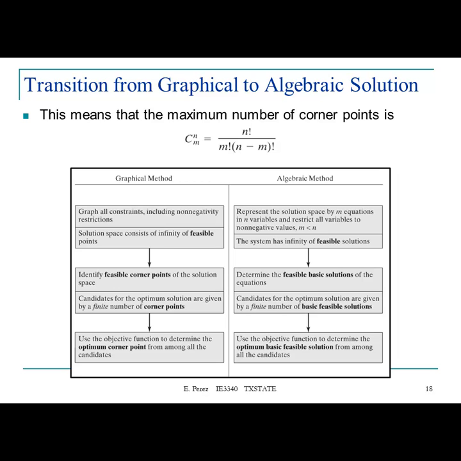Now in the algebraic method, you also use the objective function to determine the optimal basic feasible solution from among all the candidates, and we're going to see how that works out with the method. So it's the same thing, but you're going to be using a different strategy to find the optimal solution when you have multiple variables, or more than two decision variables.